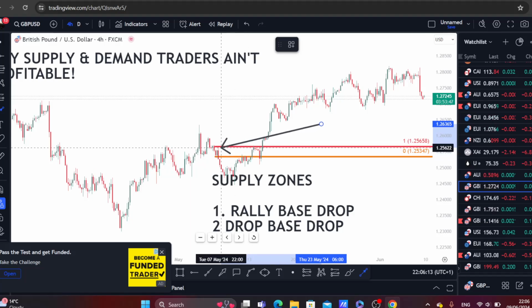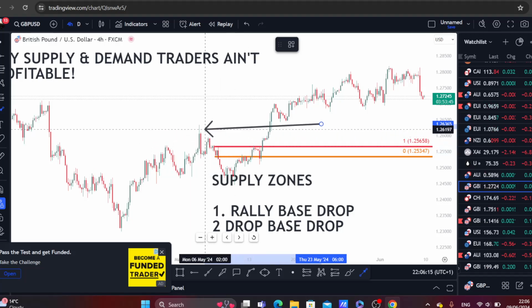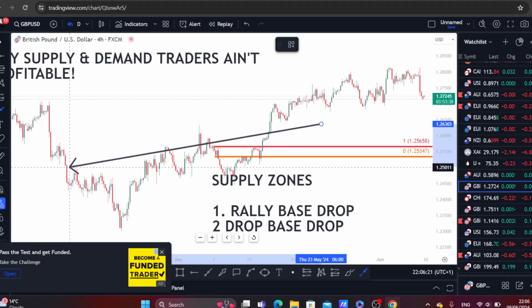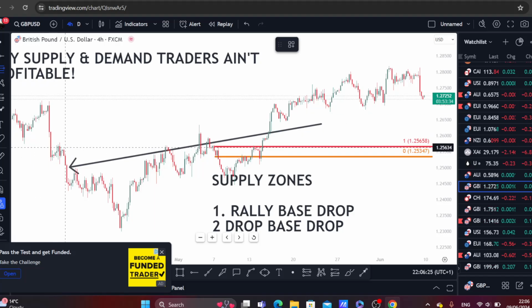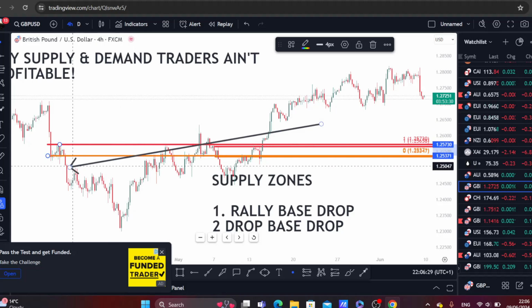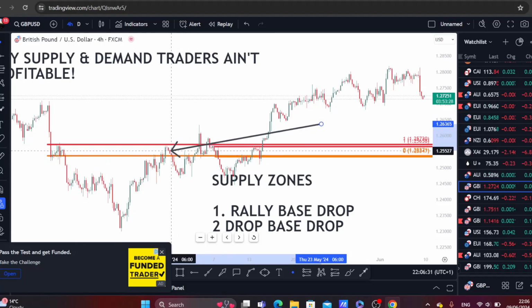Then looking to your left, the next supply zone was this one right here, drop base drop. So let's plot the zone again. So what happened? The zone did not work.